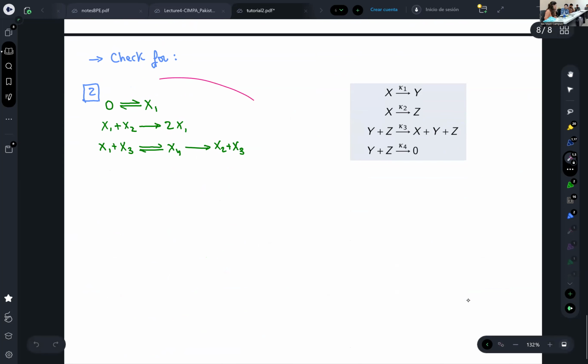This is the first network, sorry, the second network in the first tutorial. Or maybe I can do them here. Maybe I'll do the computations here.